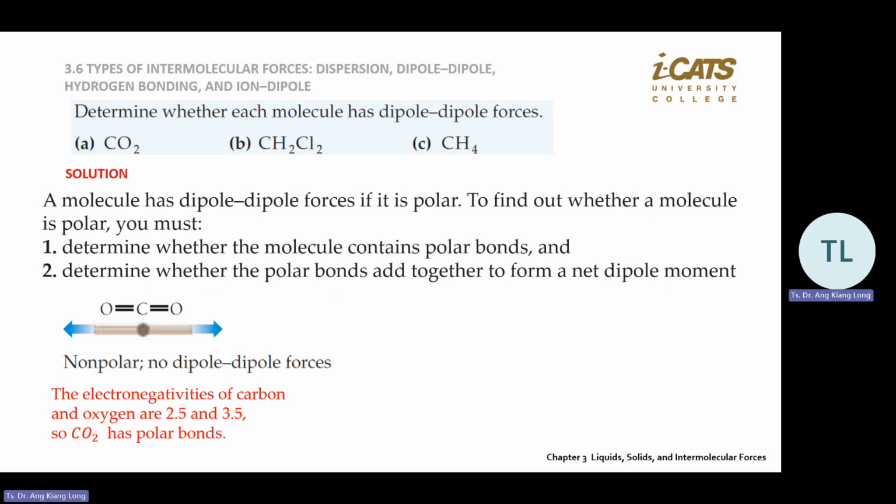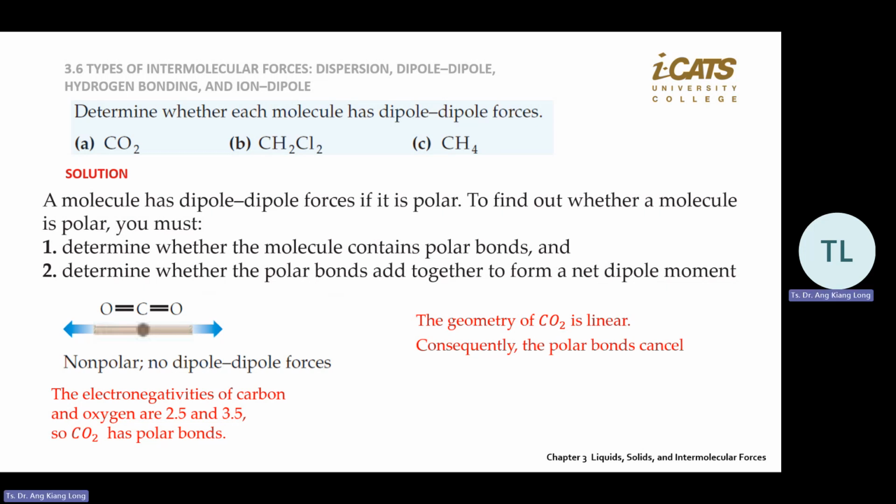Electronegativity. So this word is also in chapter 1, where there's a table for electronegativity. Carbon is 2.5. Oxygen is 3.5. So CO2 has polar bonds. So the geometry is linear through the Lewis structure.